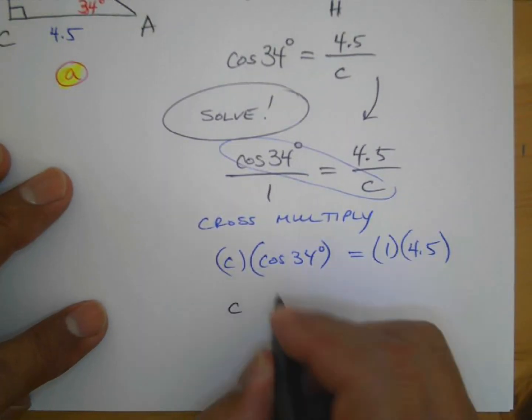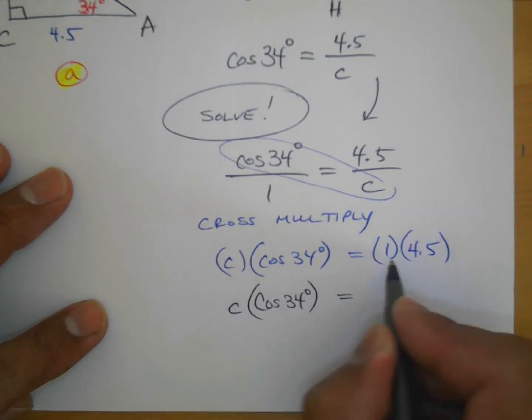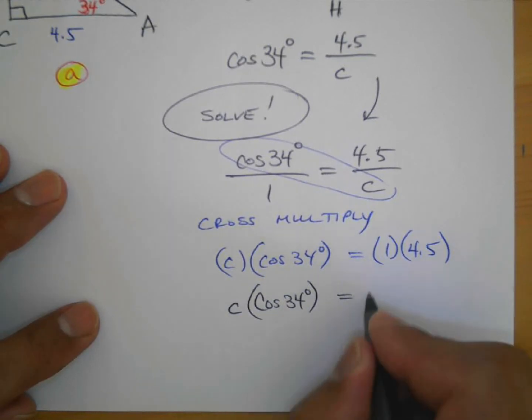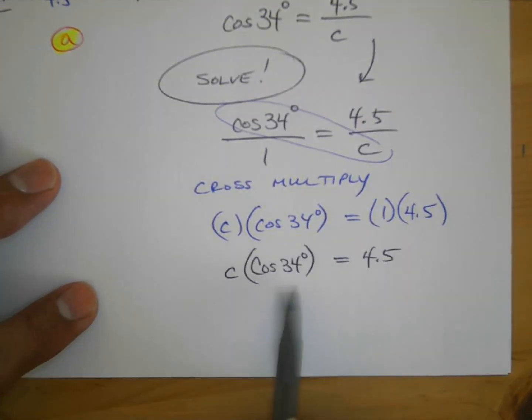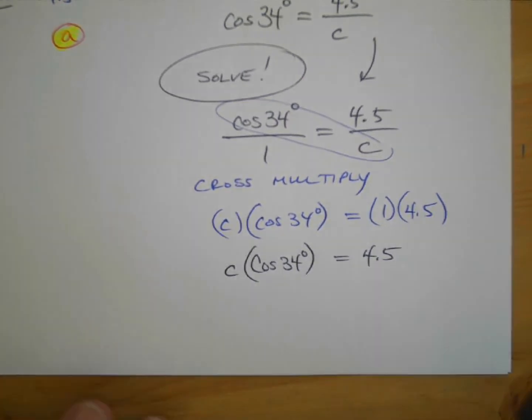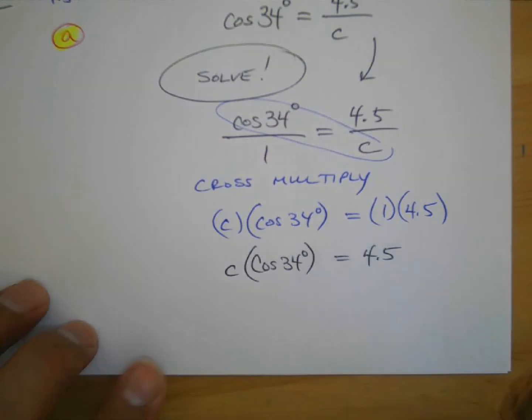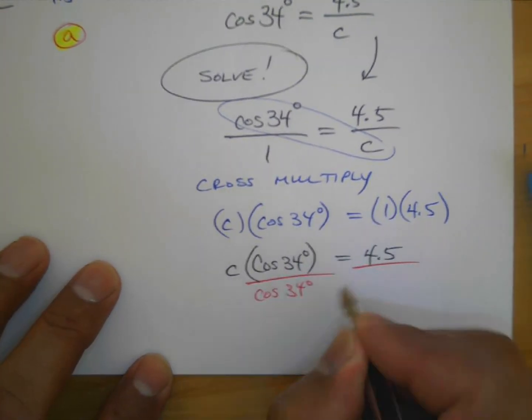That's going to be C times cosine of 34 is equal to 4.5. This is the one where you have to get the C by itself, and you have to divide by cosine of 34.